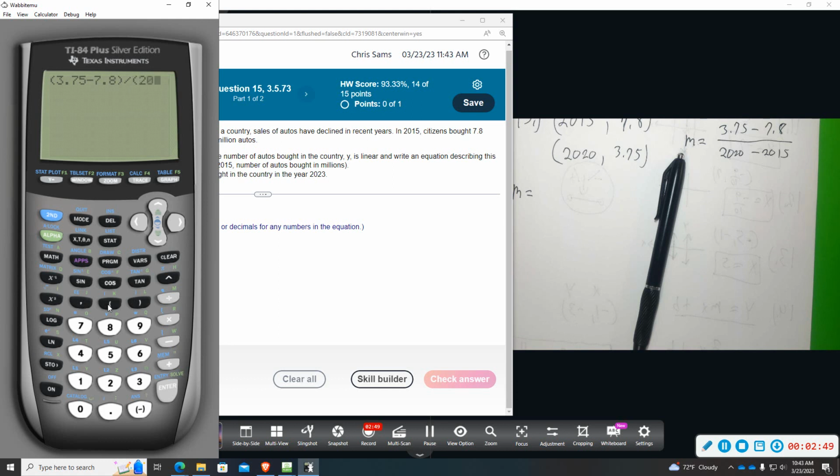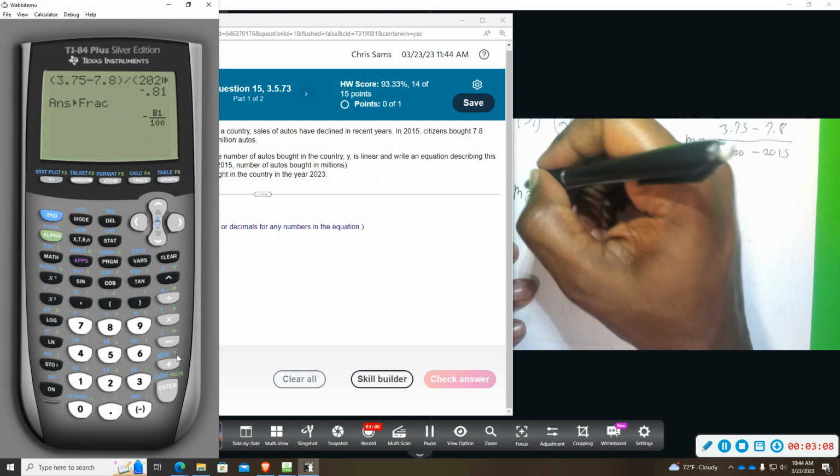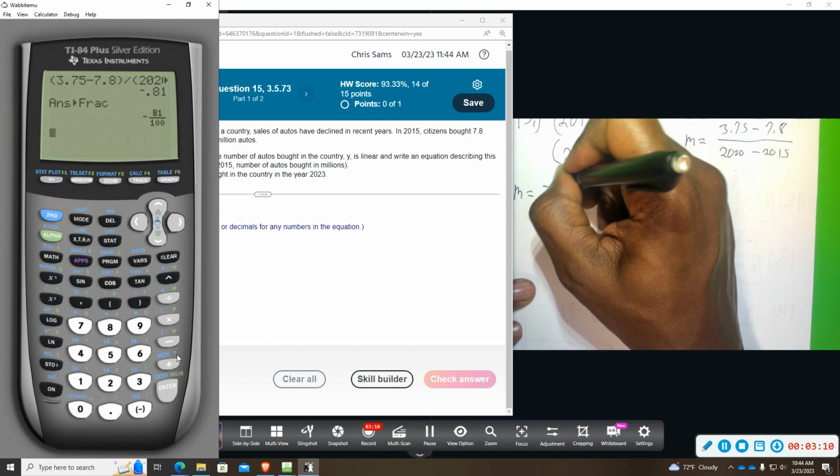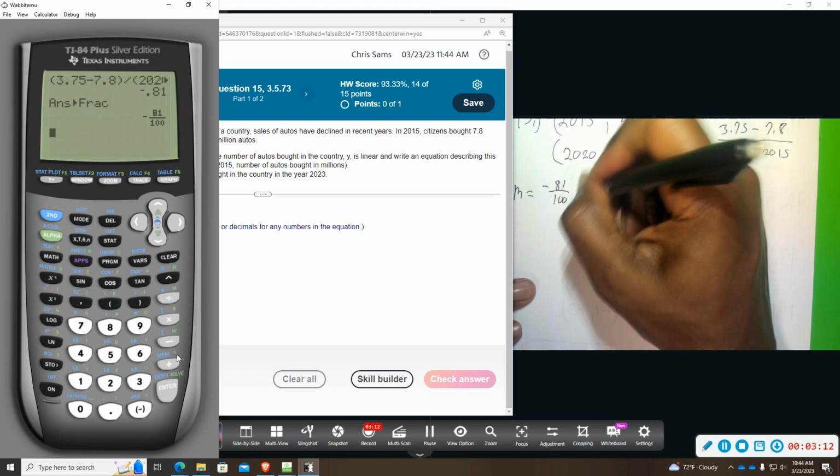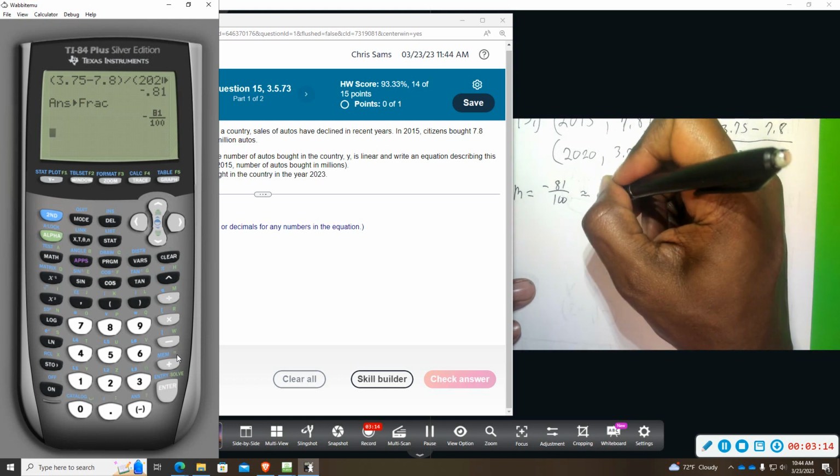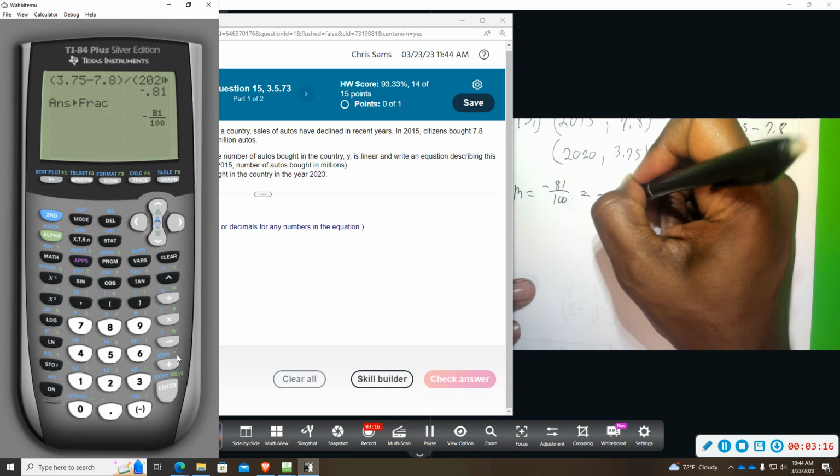So 2020 minus 2015. Enter. I get negative 0.81. And if I try to convert this to a fraction, math, enter, we can just say negative 81 over 100 either way. So I'm going to say negative 81 over 100 or negative 0.81.